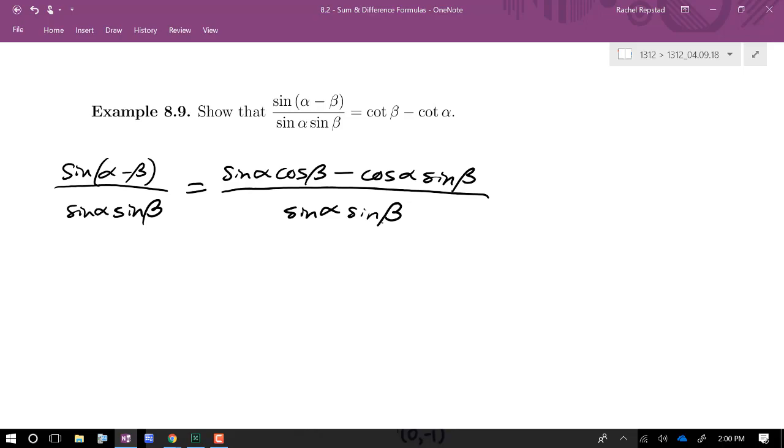We're hoping that it'll just end up being cotan beta minus cotan alpha.